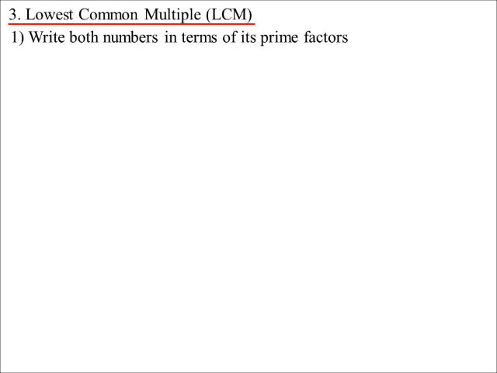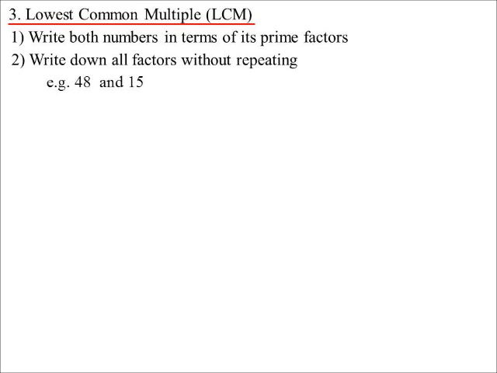And then there's this other thing called the lowest common multiple. So again, we break it down to its building blocks and write down all the factors, but this time without repeating. So we'll simplify it down to a bit smaller this time. 48 and 15. So 48 is 16 times 3, 2 to the power of 4 times 3. 15 is just 3 times 5.